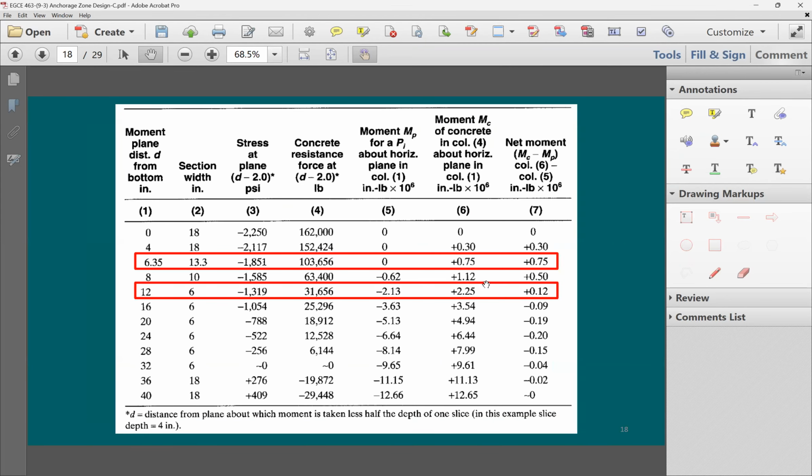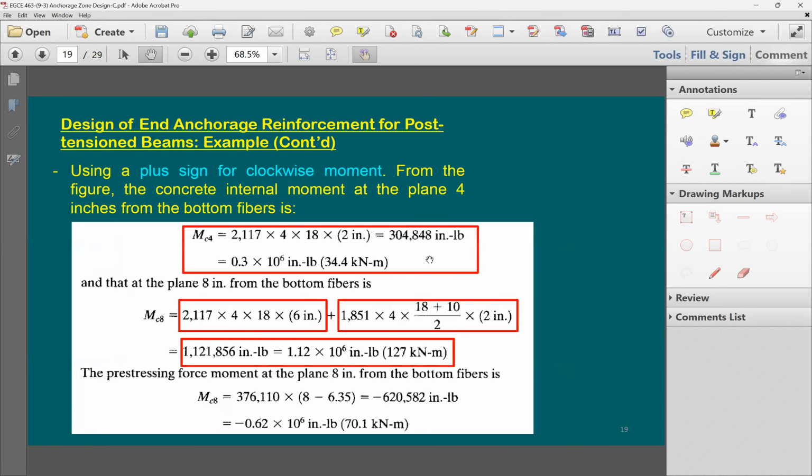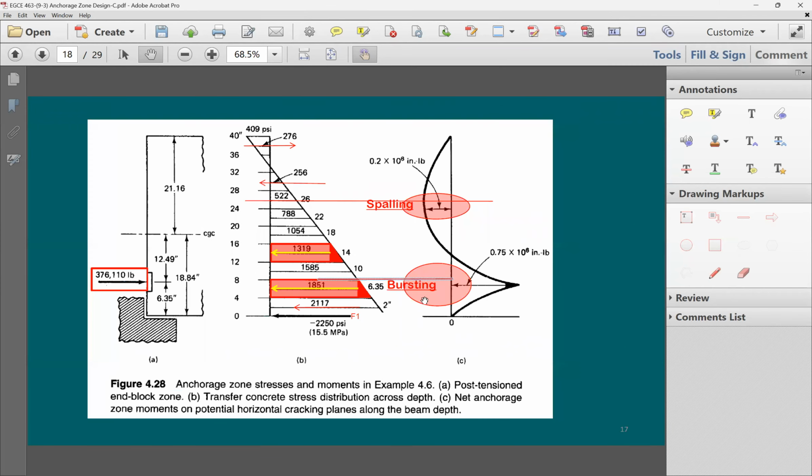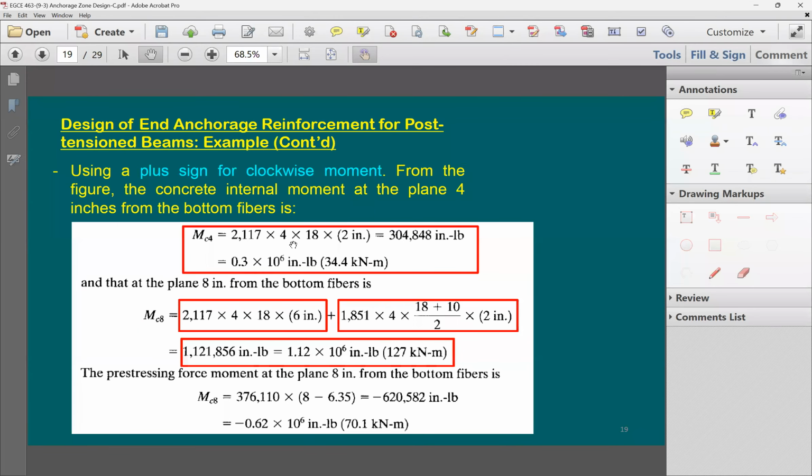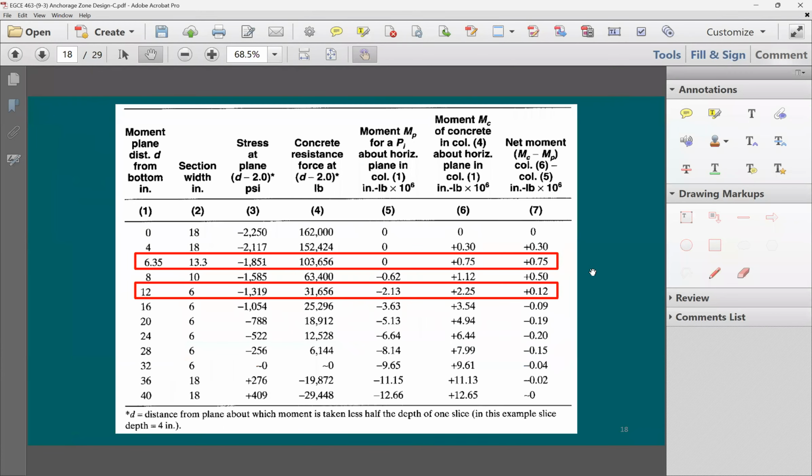Now, in this table here, for each one of the steps, you have a detailed analysis of how it is done. So for example, it says here M at C4, M at C8. What does it mean by that? It means moment at this location. Right? Moment at this location at C4 is finally going to be the 0.75. And it shows here how it is done, which is this 0.3. How we came up with this 0.3. At 8 inches, it shows you also how we came up with 1.12, right? Look at this, 1.12.